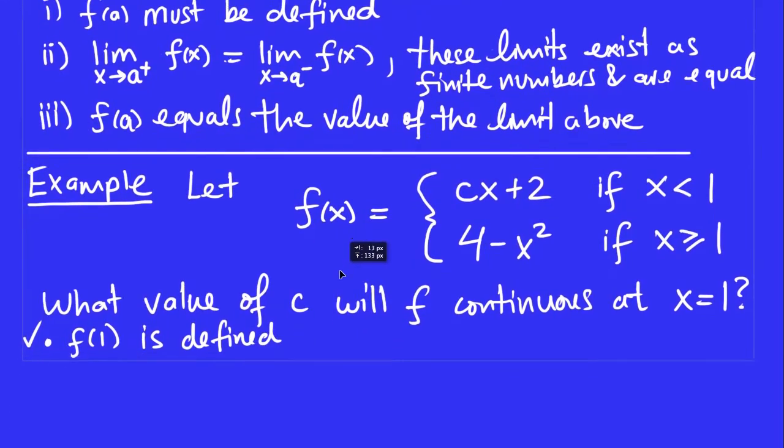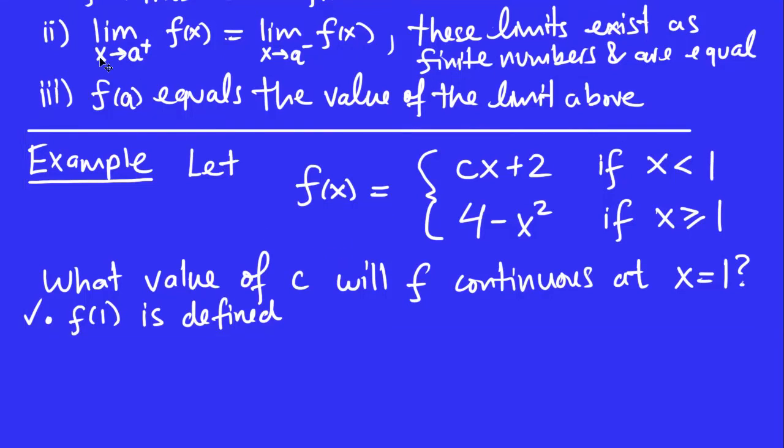Why don't we see what the next step would be, to show that the left and the right limits are the same, right? So let's do that. When I do the right-hand limit at 1, what happens? Well, notice that when x goes to 1 from the right, that means x is a number a little bit bigger than 1.